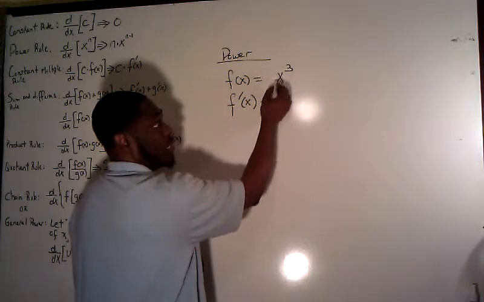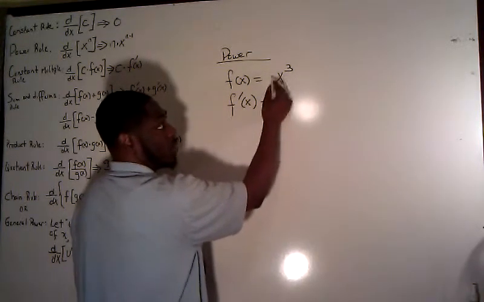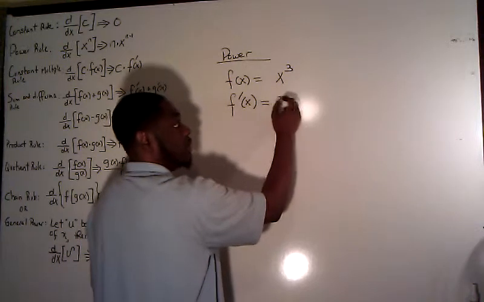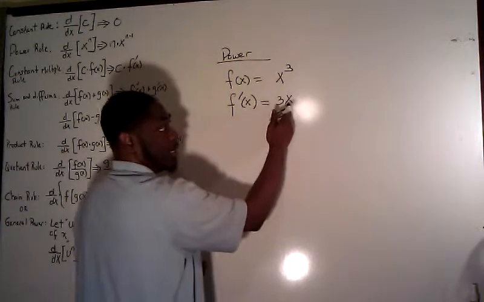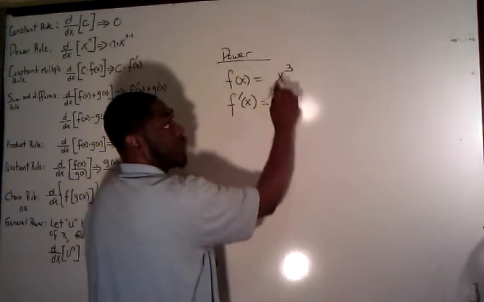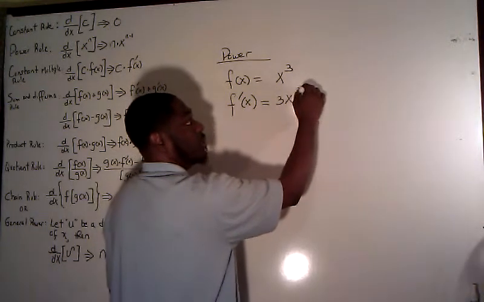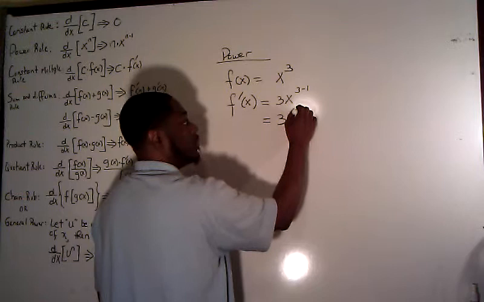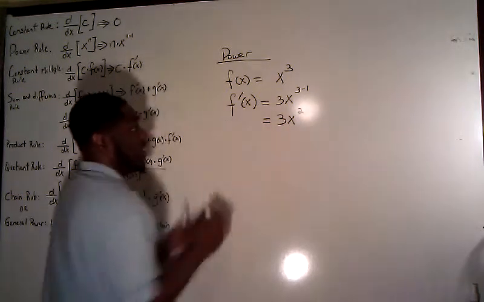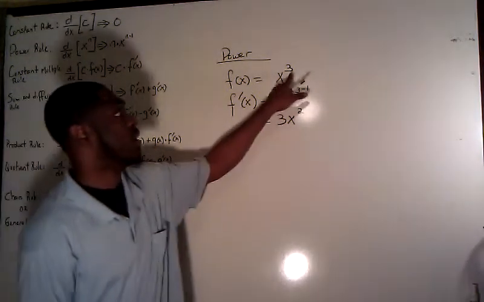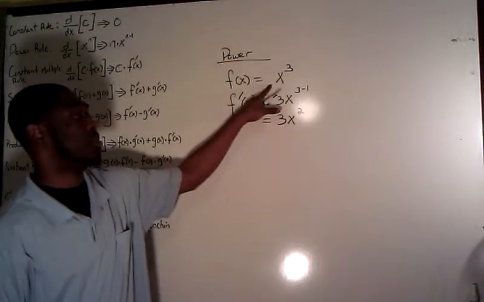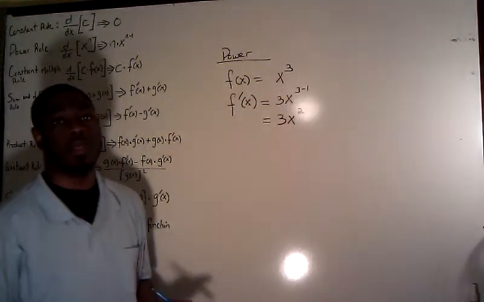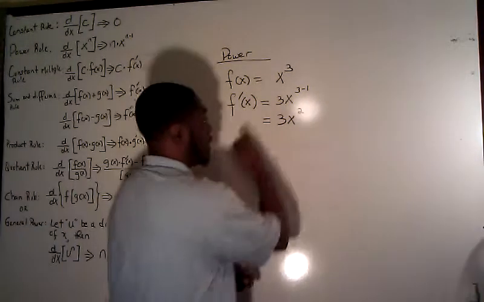So 3 times 1, since the coefficient is understood to be 1, is 3. Write the base and then subtract 1 from the power: 3 minus 1. This gives me a result of 3x squared. That's f prime of x. It's just a matter of multiplying the power times the coefficient and subtracting 1 from the power.